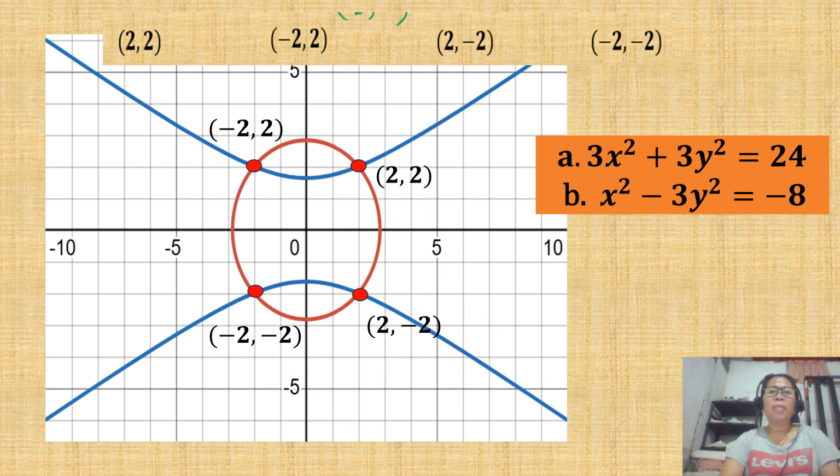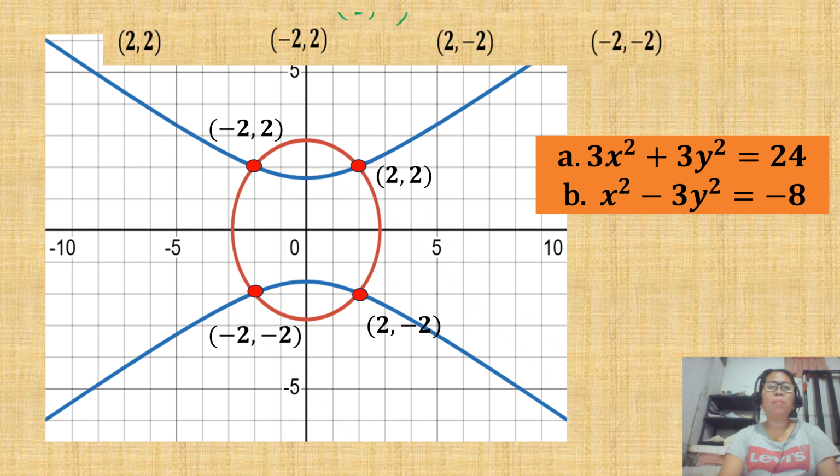So far using the elimination method, we're able to get the different solutions to the system: (2, 2), (2, -2), (-2, 2), and (-2, -2). If we are going to try the graphical method, I am using the Desmos graph application, and as you can see, our system is made up of an ellipse and a hyperbola.